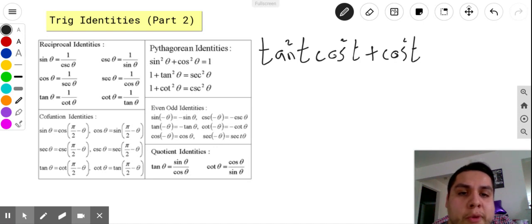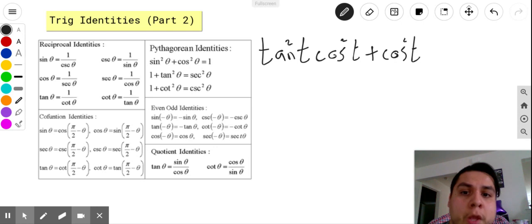Take a look at the fact that you have a lot of squared trig functions and think about what you could use to help you with these squared trig functions. And if you pause right here, take a minute to try to work it out for yourself, that would benefit you. And then I'll show you a couple ways you can do this.